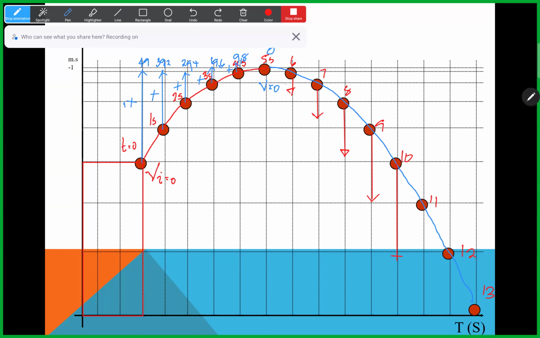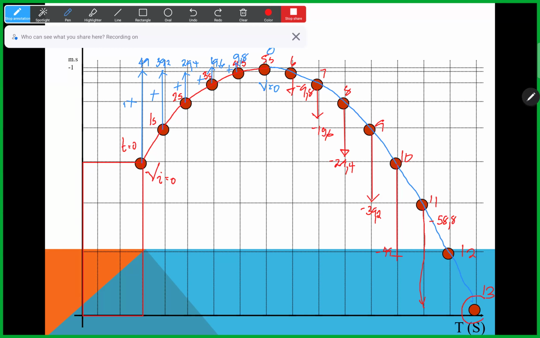So that there, minus 9.8, minus 19.6, minus 29.4, minus 39.2, minus 49. Here, it's minus 58.8. And you can go down the line. It just gets larger and larger and larger.